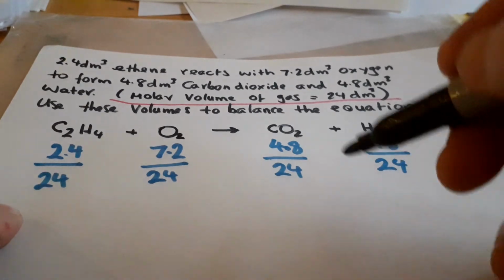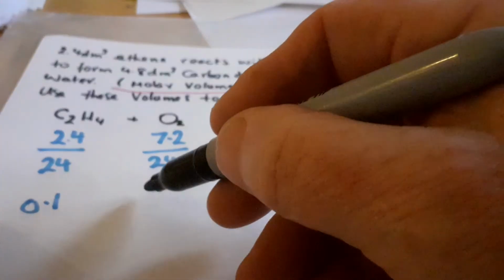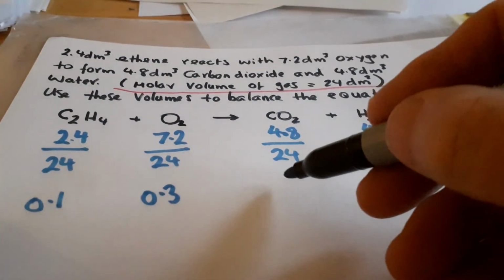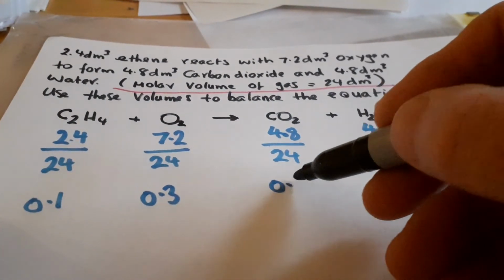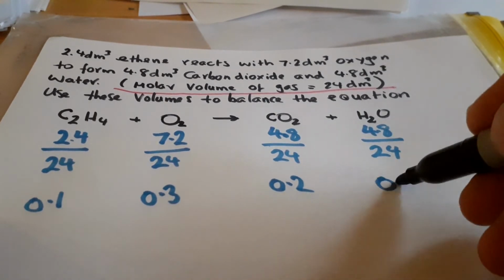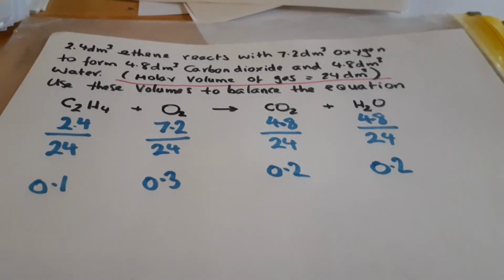So working these out, 2.4 divided by 24, 0.1. 7.2 divided by 24 is 0.3. 4.8 divided by 24 is 0.2. 4.8 divided by 24 again is 0.2. So the smallest of these results is 0.1.